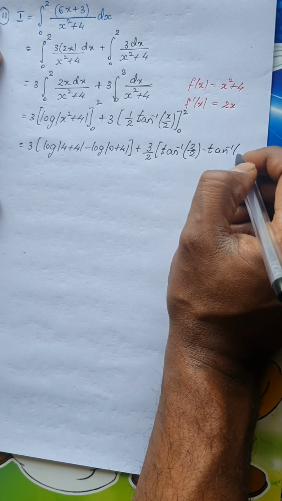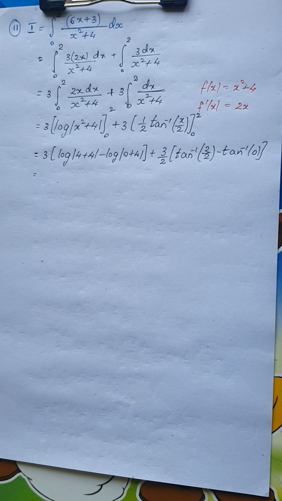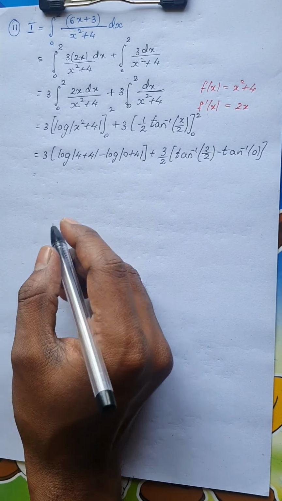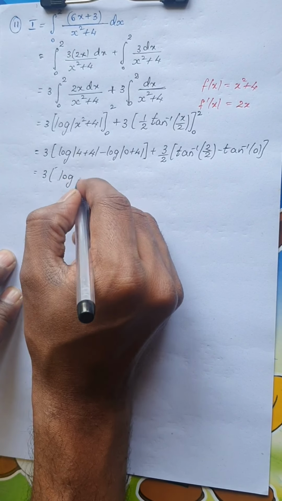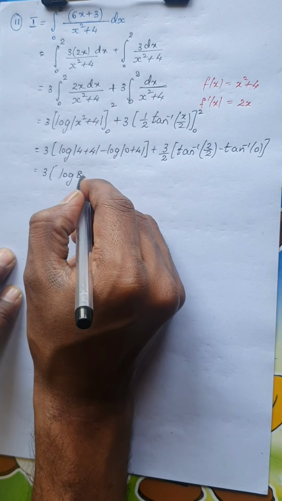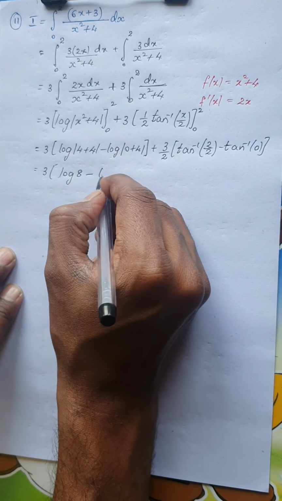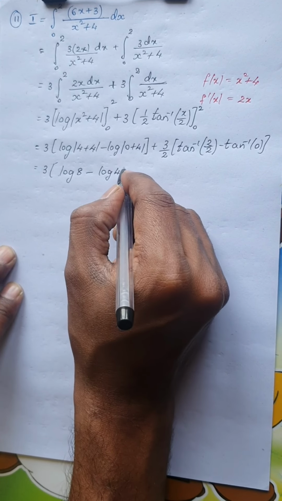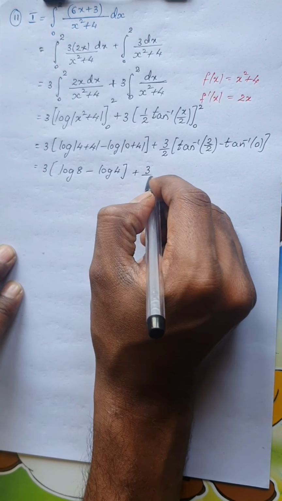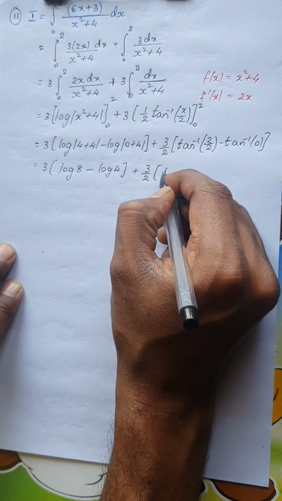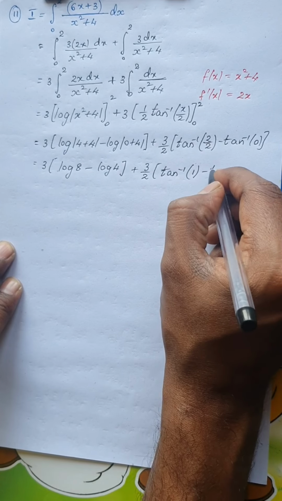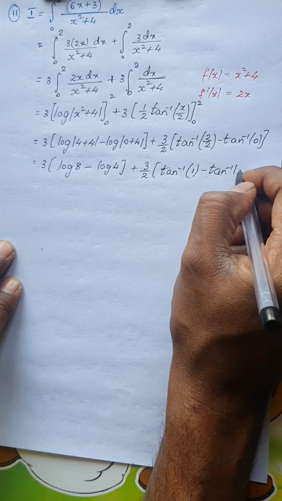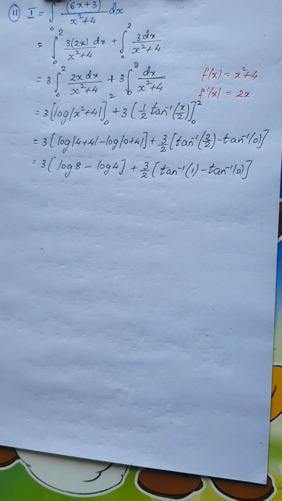So this would be nothing but 3 is a constant, log of, now we know 4 plus 4 is 8, anyhow it's positive, I need not take the modulus, minus log of 0 plus 4, which is log 4, okay, plus 3 by 2 into tan inverse of 2 by 2, which is 1, minus tan inverse of 0, okay, is it clear?